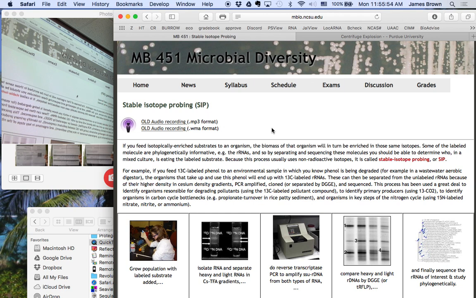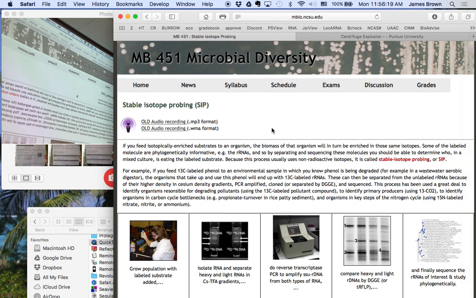Stable isotope probing is the opposite. In the stable isotope probing experiment, you can load in nearly all of the stable isotope labeled material you want. For example, you can buy glucose where all 6 carbons are C13, the heavy stable isotope of carbon. Not so cheap, but you can get it. It's not so bad.